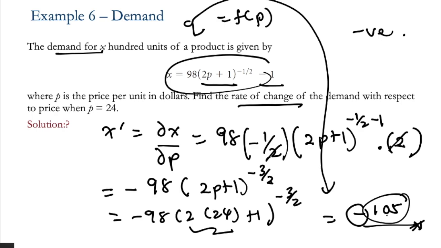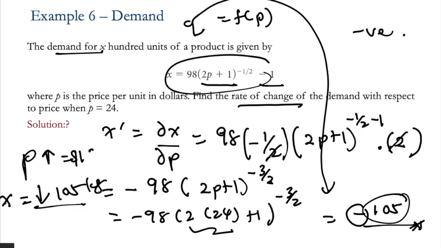You need to know how to interpret. Okay, if you get the answer minus 105, what does it mean here? If price increases by $1, then quantity demanded, which is X, decreases by 105 units. If it is kilograms, 105 kilograms.